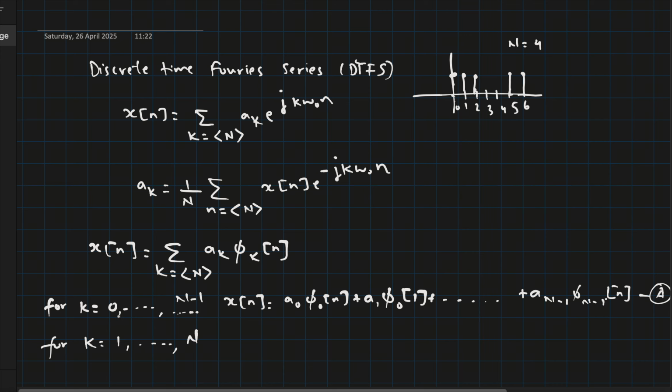The period is N. If started from 0 to N minus 1, and you continue, the same thing will be repeated.